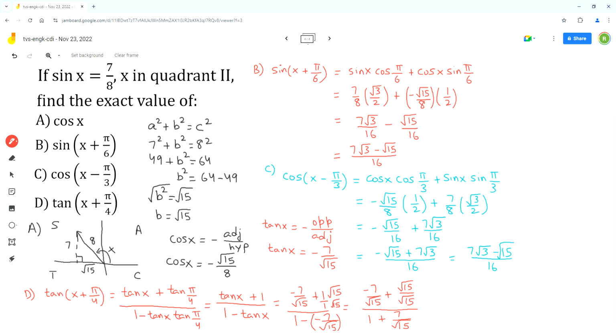Next, we can combine the fractions in the numerator because they have the same denominator. In the denominator expression, we can find the common denominator, which will be square root of 15. So 1 over 1 will change to square root of 15 over square root of 15. And since the denominator is the same, we can combine the fractions.